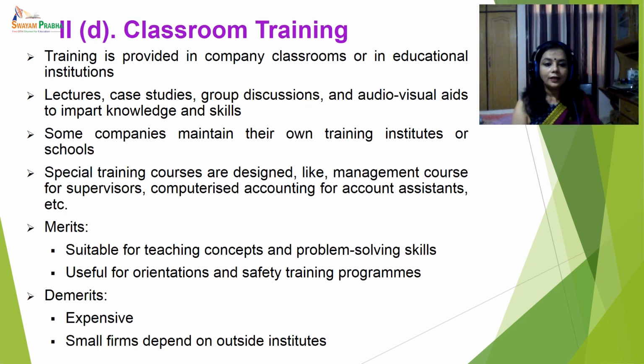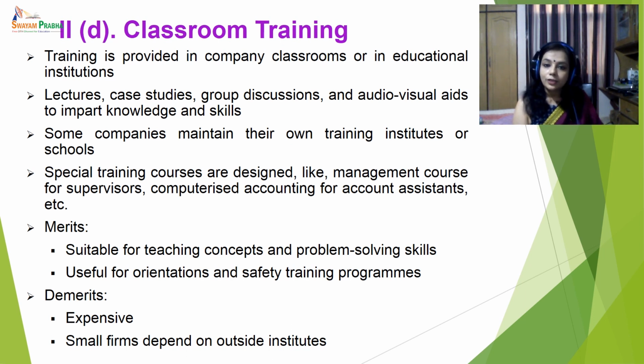The last type of off-the-job training is classroom training. Training is provided in company classrooms or in educational institutions. Lectures, case studies, group discussions, and audio-visual aids are used to impart knowledge and skills. Some companies maintain their own training institute or schools, whereby the trainees undergo a learning process.